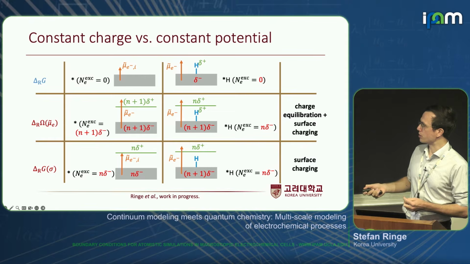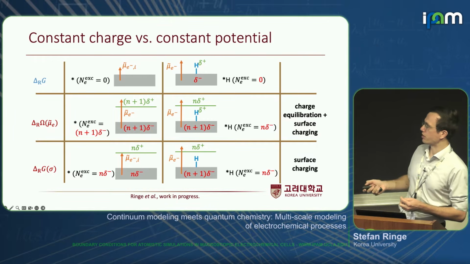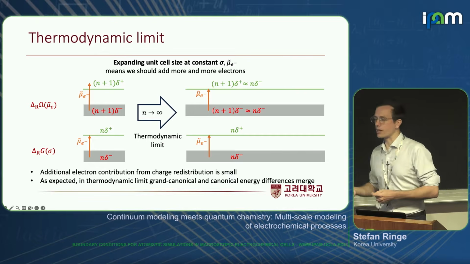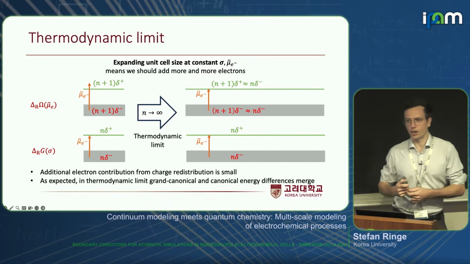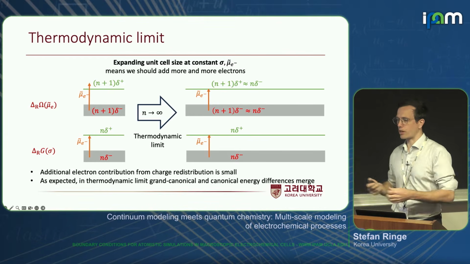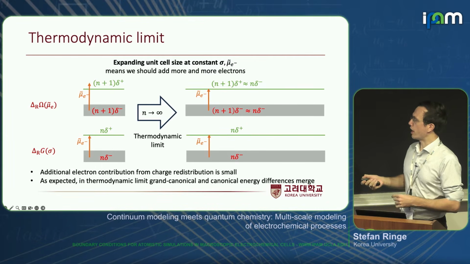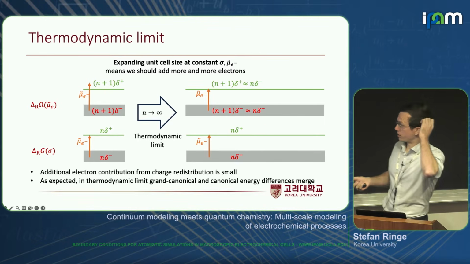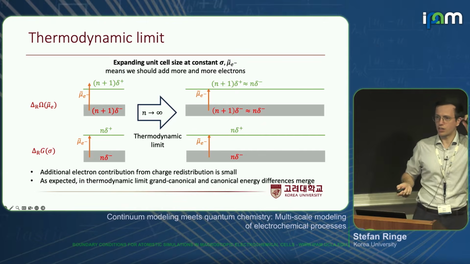So the difference between this and this method is that we are adding 1 more electron here for equilibrating the charge. And 1 becomes very small against n if n becomes large, right? If the supercell becomes very large, then n becomes large against 1, so it's just n, and that means the two methods will exactly give the same result.